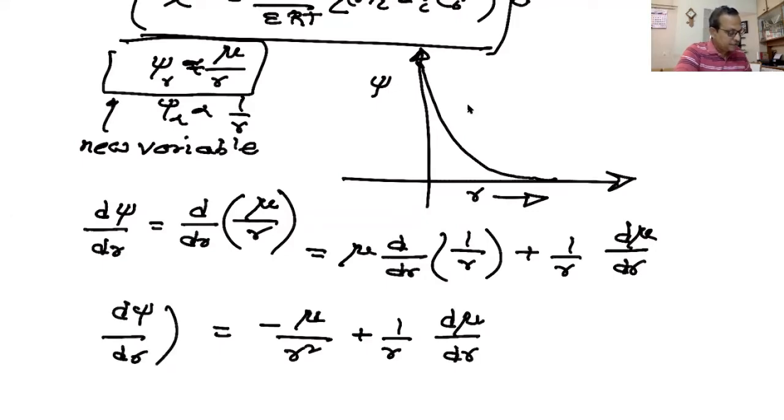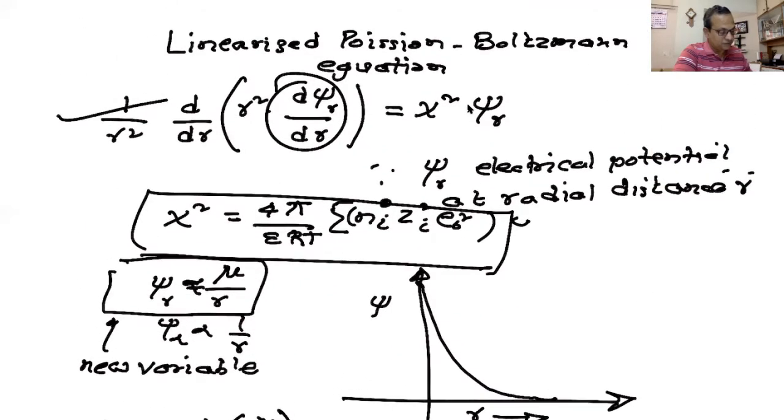Okay, what is next? Once I get this, I can substitute this value in this equation, the linearized Poisson-Boltzmann equation.